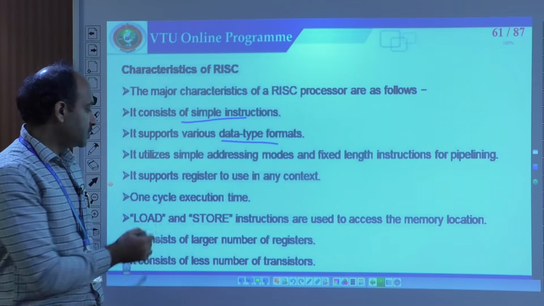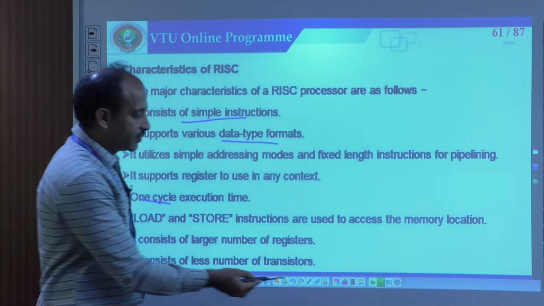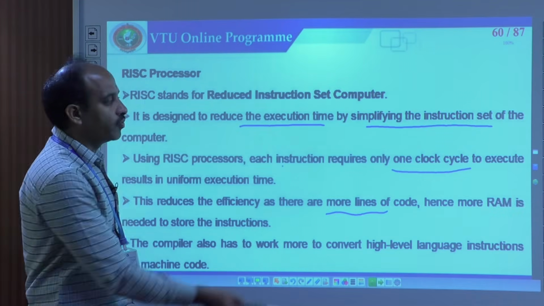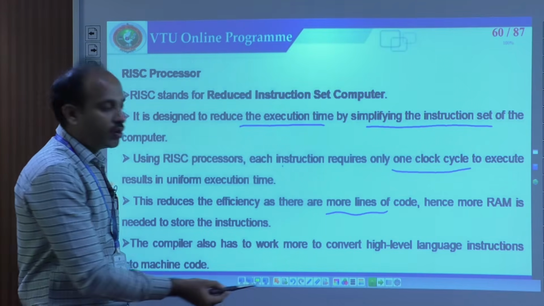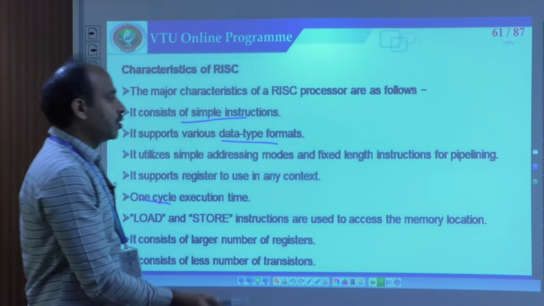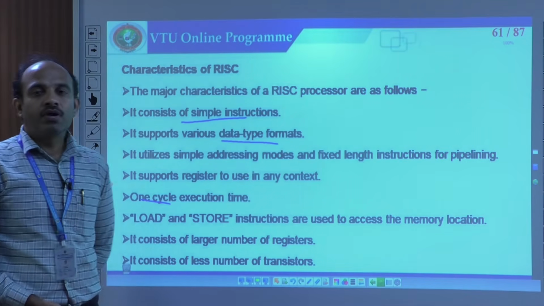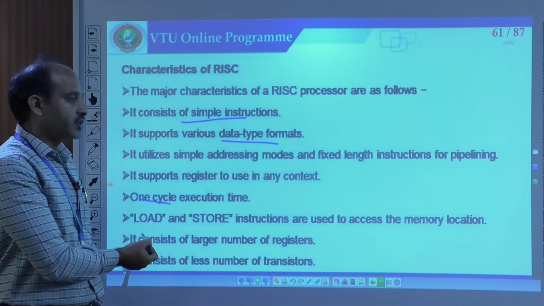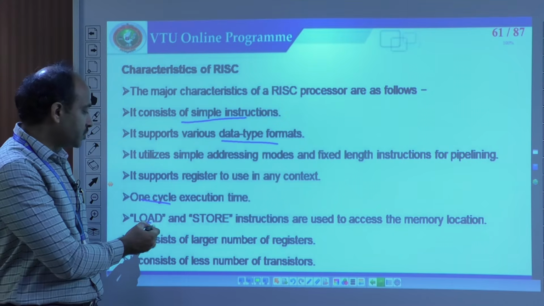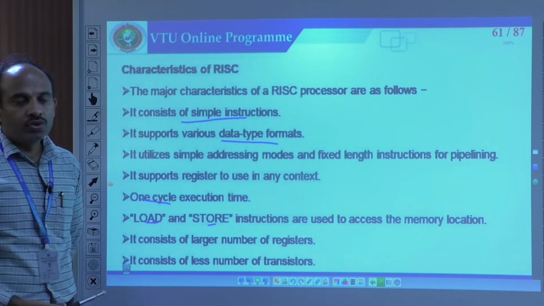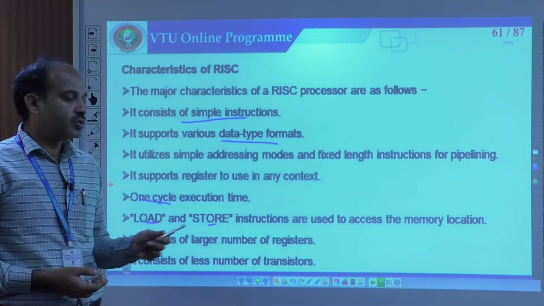And always remember this one cycle execution time, because in one of the previous features we discussed, only one clock cycle is needed to execute and get the results. So obviously, one cycle execution time. And what are the important instructions used to access the memory location? One is load, another one is store. Whatever you want to store into the memory, you can use the instruction called store.